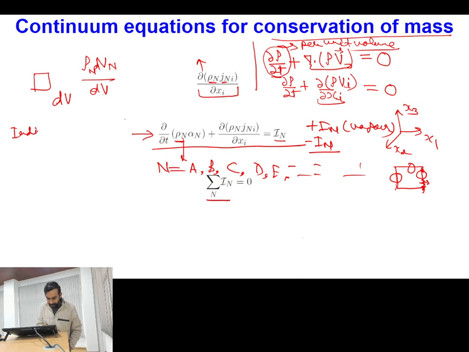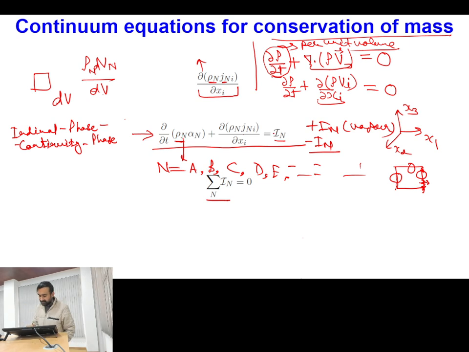If I have to name this equation, I will name it the individual phase continuity equation, because if I have two phases present in a system, then I will write this equation separately for liquid and gas. If I have multiple components present in a system, then my n will be equal to a, b, c, d. So I have to individually write this equation for each and every component.